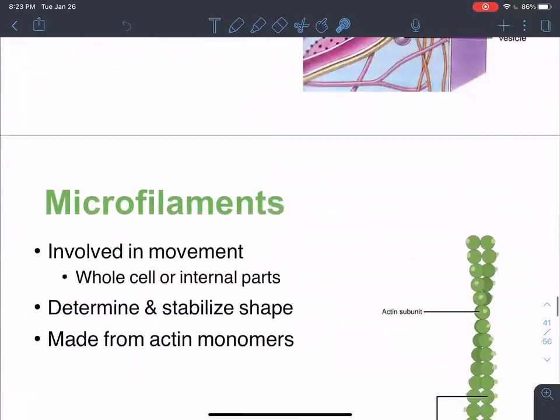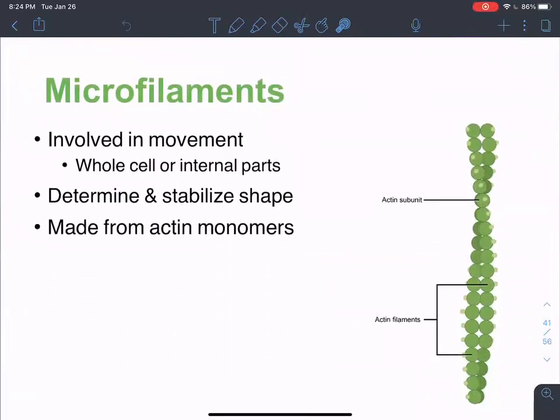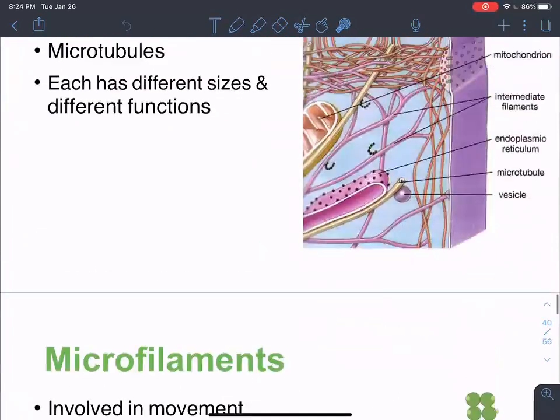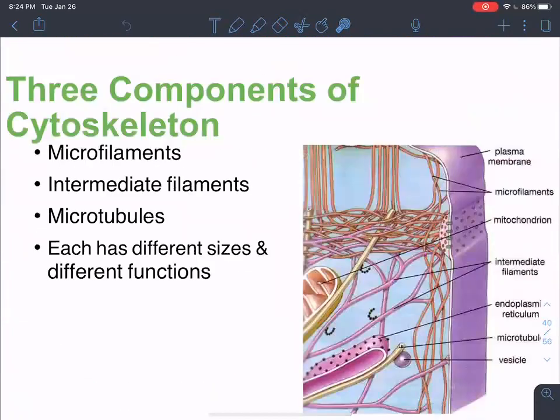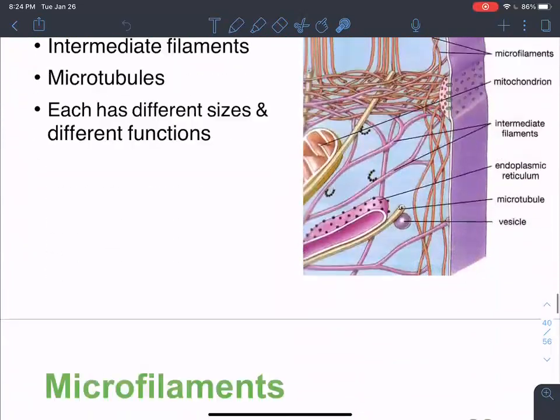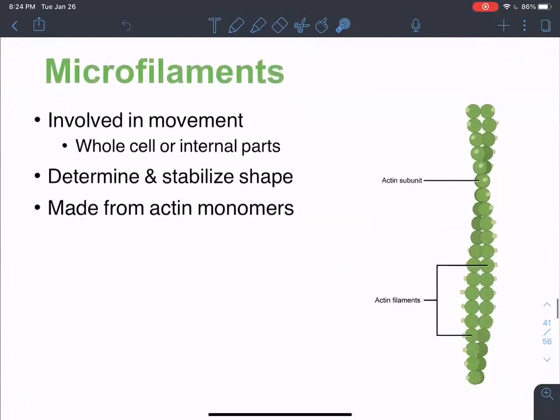and they're going to help with some transport of different things. So microfilaments, the very smallest one, they're involved in movement, so they actually allow for the movement of the cell. That's why they're located closer towards and throughout the structure towards the outside, and then form these bridges that actually help support and then allow for it to contract and expand and allow for movement. They determine the size and stability and the shape of the cell.